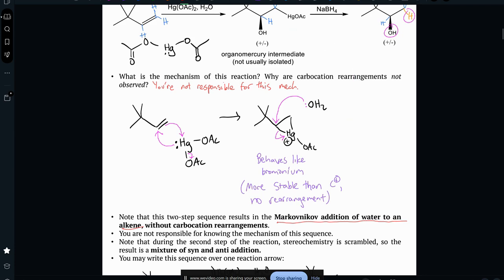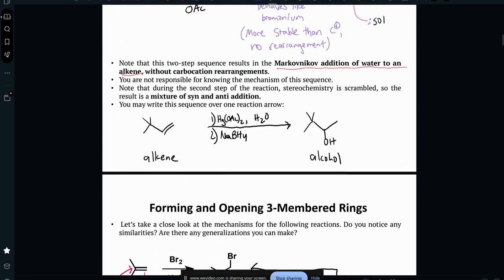So just for the sake of completeness, I'm going to go back and draw it in because that was silly of me. So to get to the organomercury intermediate, we do need to deprotonate this here. And that's what leads to that intermediate. Sorry about that. This is what happens when I get hasty.